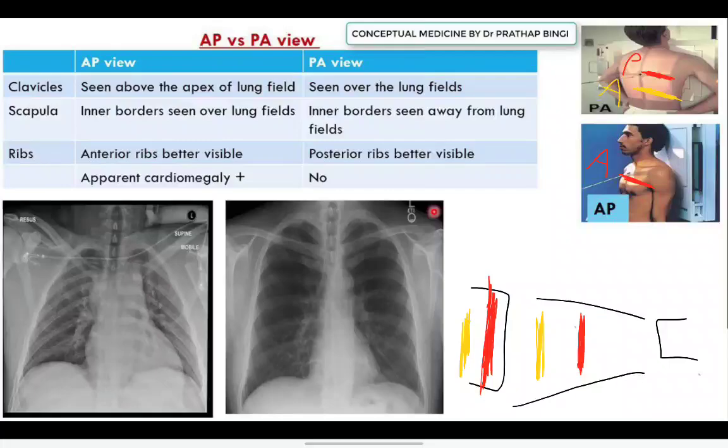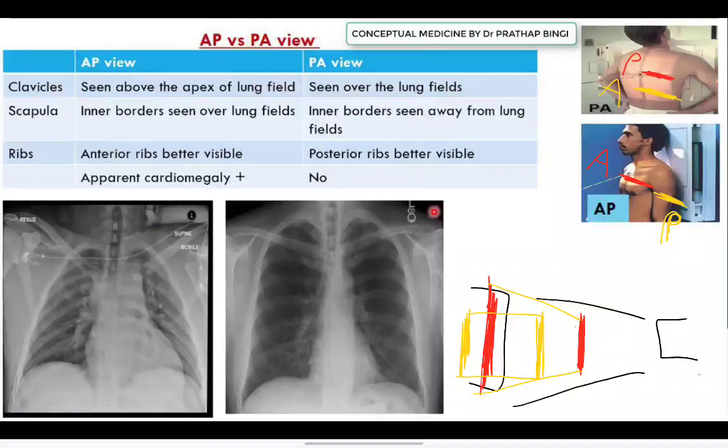And here the posterior rib, sorry, in posterior anterior. So that means every structure in yellow color is better in each image. The yellow is the best because of less magnification, almost the same size, unlike the red one which is magnified.